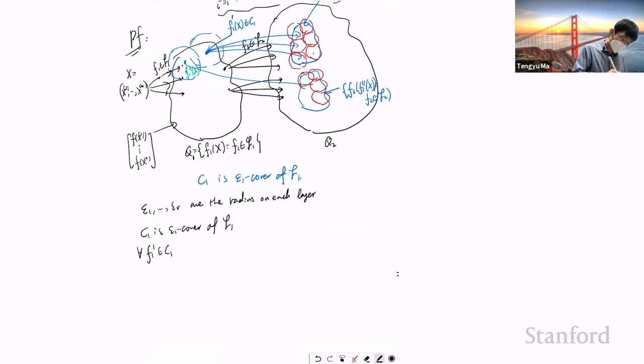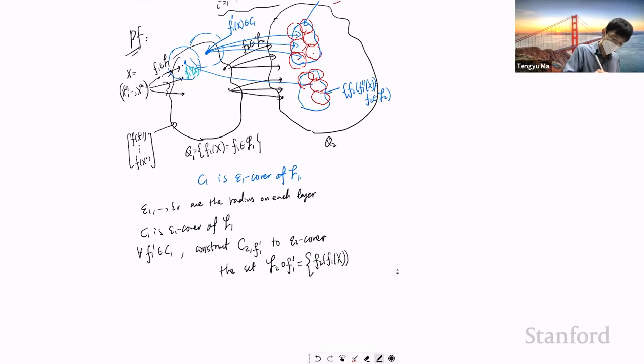And then you say that for every F1 prime in C1, construct this C2, a cover in the second space, but this cover depends on F1 prime. So to epsilon 2 cover the set F2 composed with F1 prime, which is what I wrote above, right? This is F2 F1 prime x, where F2 is ranging in capital F2.